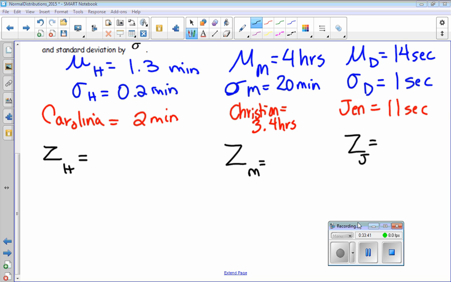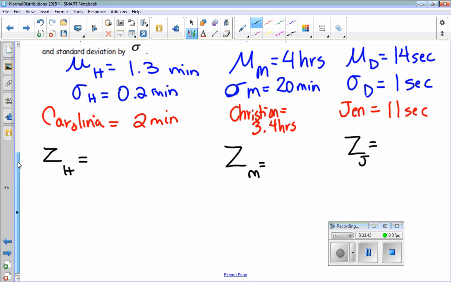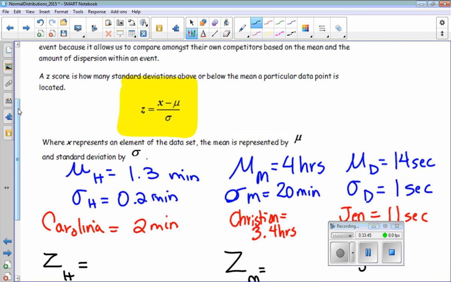So the formula is on your page, right above it, for the Z-score. This X value represents the Carolinas, the Jens, the Christian times. That's the actual value that we're looking at. What is mu again? The mean. And what is the sigma again?